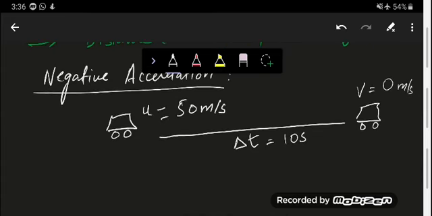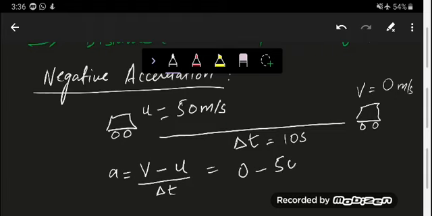So the acceleration in this case is the final velocity minus initial velocity over delta t. This delta t is the change in time interval. So the final velocity here is 0. The initial velocity was 50 and the change in time interval was 10. So the answer is minus 5 meter per second square.